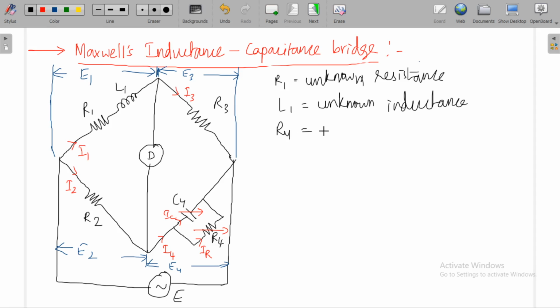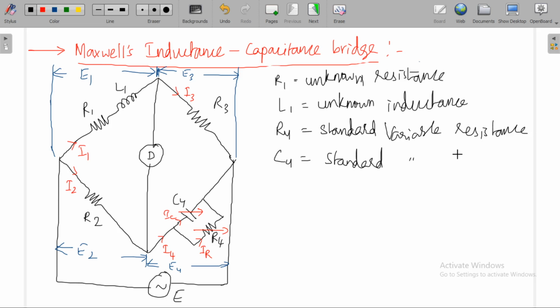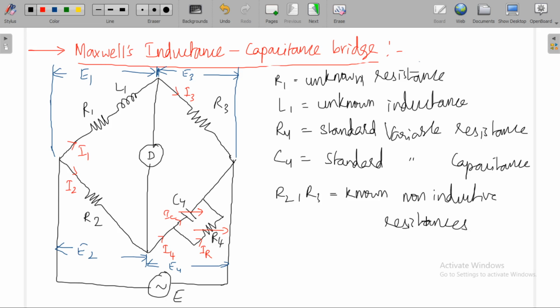R4 is standard variable resistance. C4 is standard variable capacitance, and R2, R3 are known non-inductive resistances.